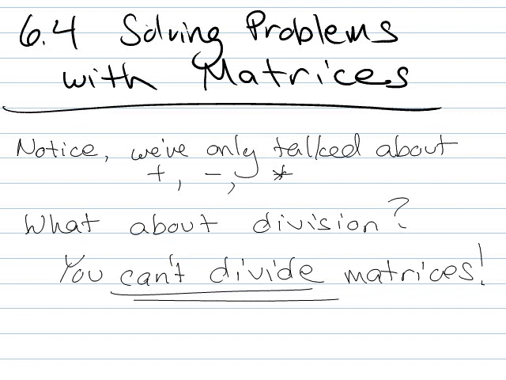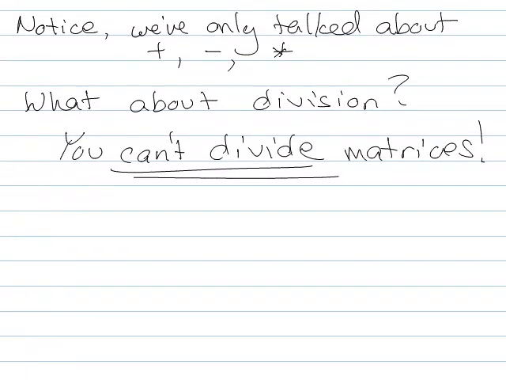So if I have, for example, a problem like 3x equals 6, I could very easily divide both sides by 3 and get x equals 2, right? Not a problem.